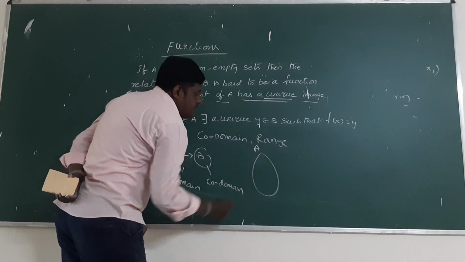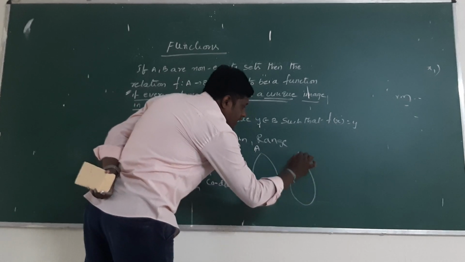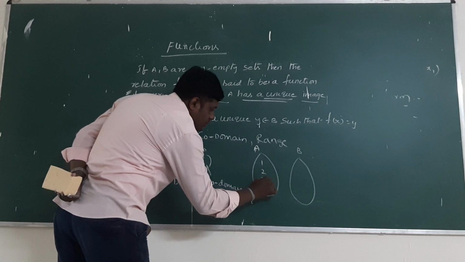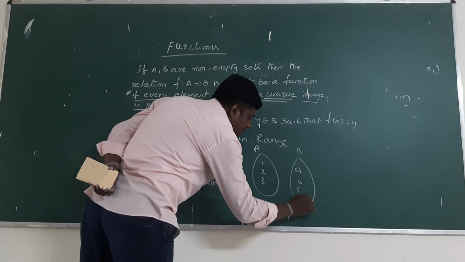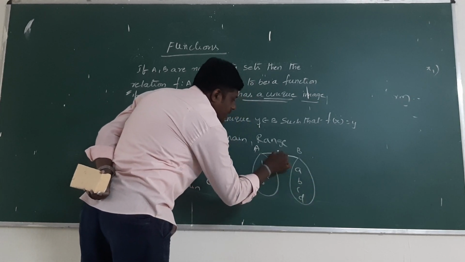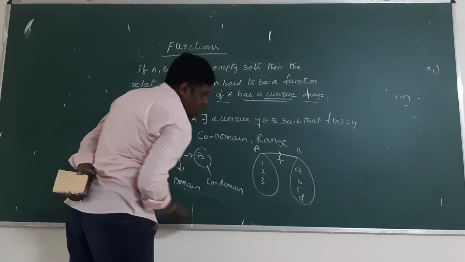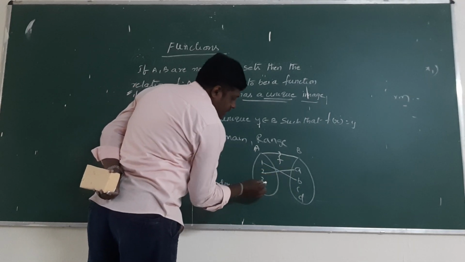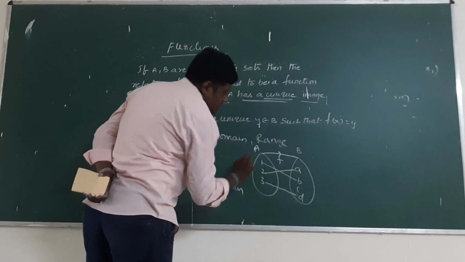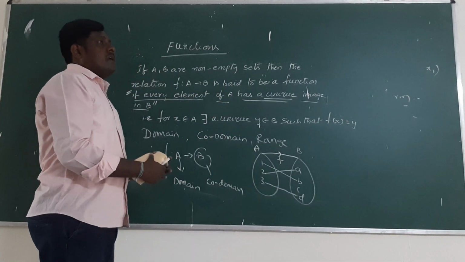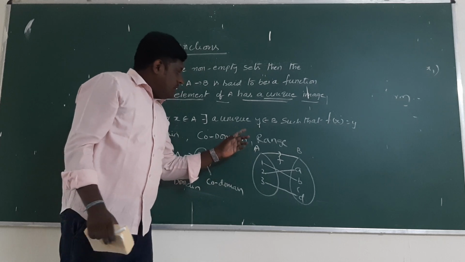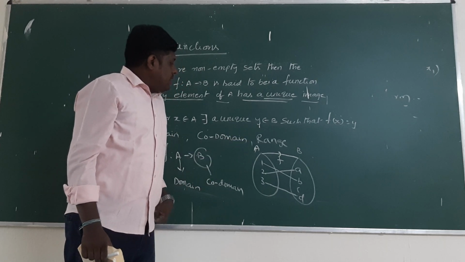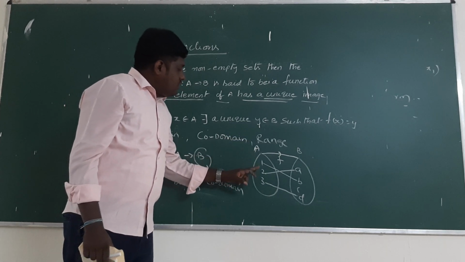See, set A and set B are the two non-empty sets. 1, 2, 3, and here a, b, c, d. This is the function f. 1 is mapping with b, 2 is mapping with a, 3 is mapping with d. It is a function. What is the domain in this function? 1, 2, 3.